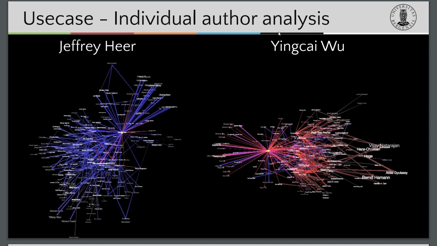Almost opposite to him, Yin Kai Wu is very inspired by the community, and he also has a lot of direct reciprocal inspiration relationships, but he does not have the same amount of people inspired by him.